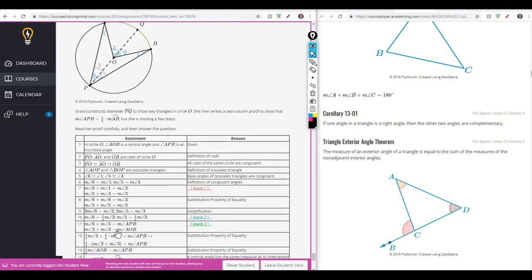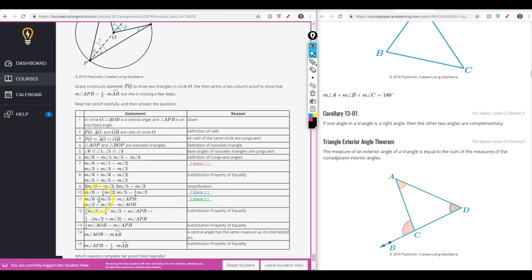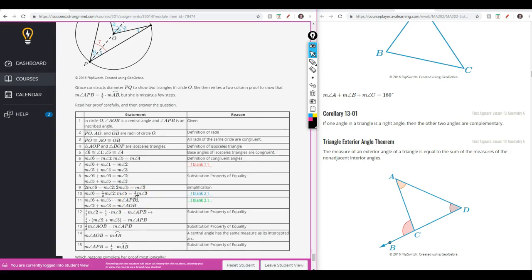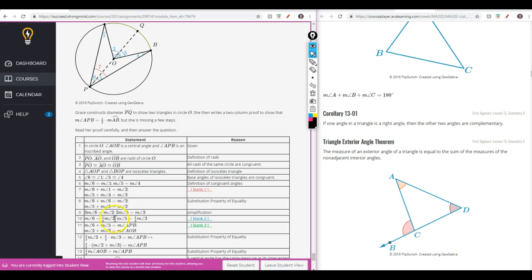And for the last one, measure of angle 6 plus measure of angle 5 is equal to the measure of angle APB. I am going to look at the statement above to see if I have any context clues. I'm noticing that the angle APB is made up of angle 6 and angle 5 right there.